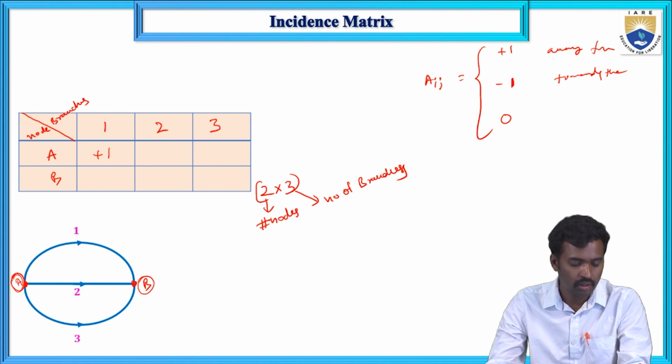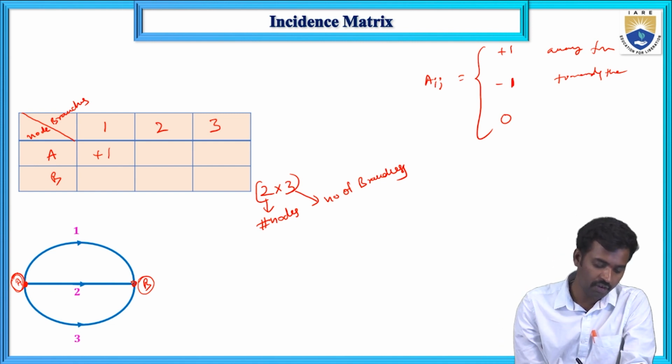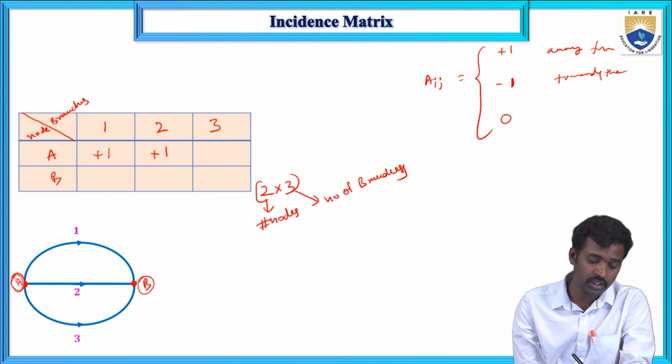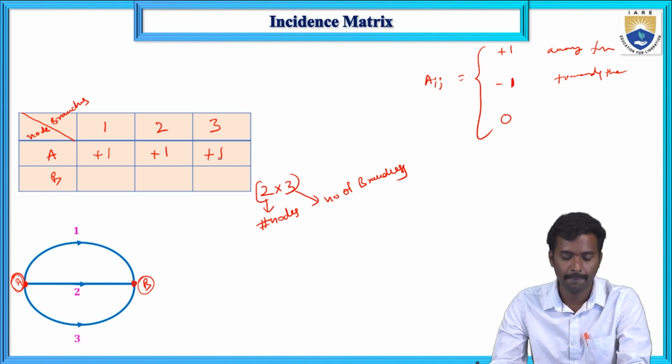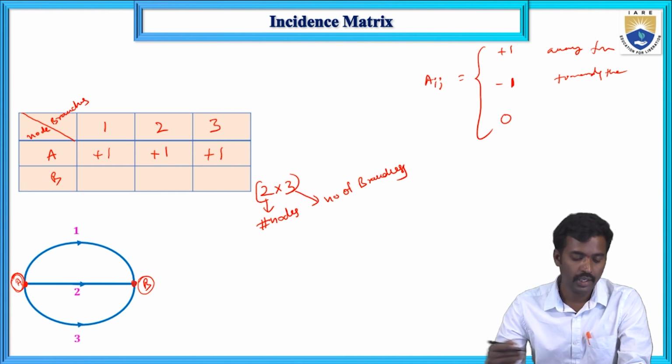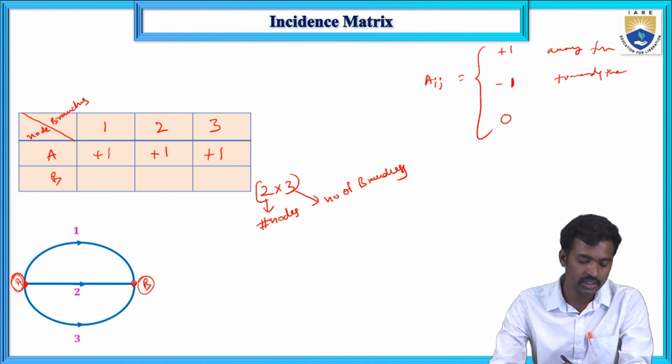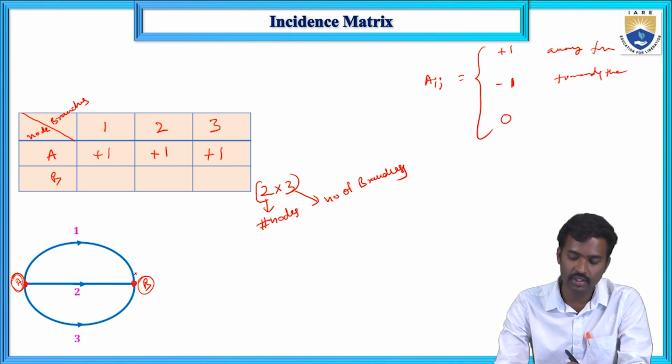Two branches are leaving away from the node. So +1 for node A: from node A, 2 branches are leaving away from the node, and 3 branches are also leaving away from the node, +1. Next, from B, the branch is entering towards the node.